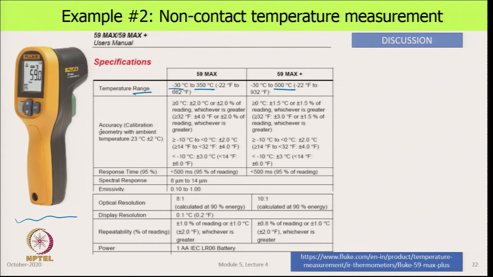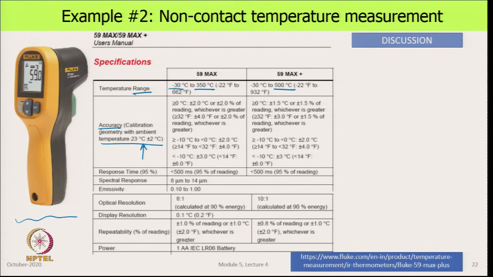And we say, well, what is accuracy? And it says calibration geometry with ambient temperature as 23 plus minus 2 degrees Celsius. Now, things are getting much more tighter. If the ambient were 30 degrees Celsius, accuracy will be different. Possibly the reading will also be different slightly.